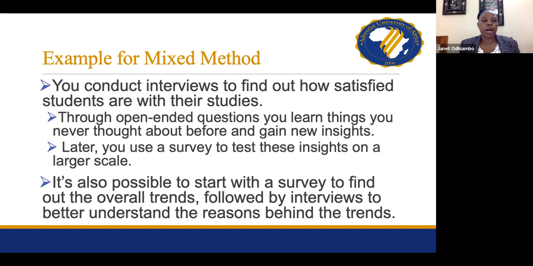When you want to do it this way, you decide first, which way am I going to go? Do I start with qualitative first and then go to quantitative? Or do I want to do quantitative first and go to qualitative? For example, you can decide to start first with interviewing the people to find out how satisfied they are with their studies.